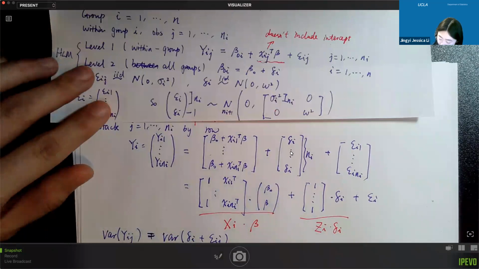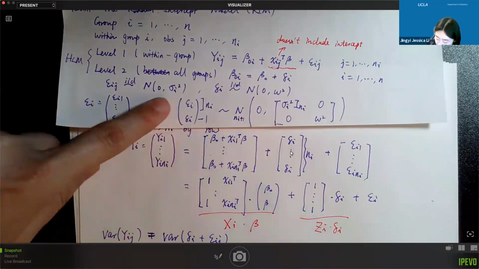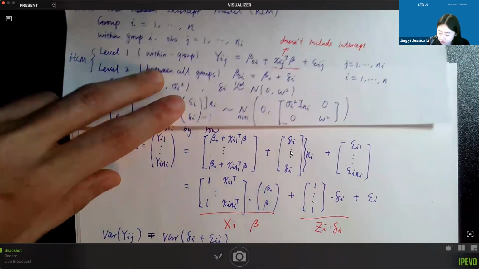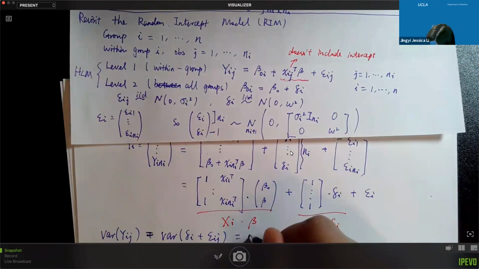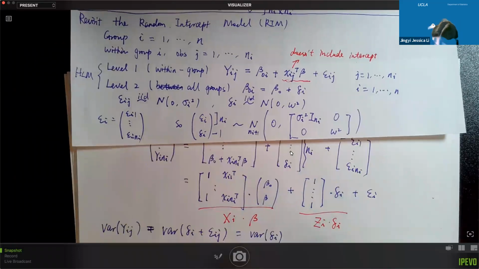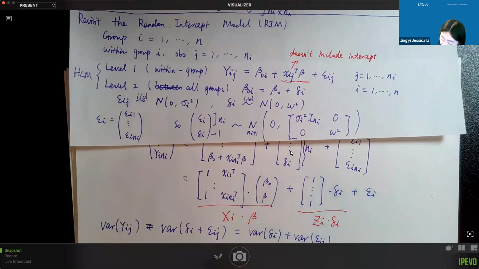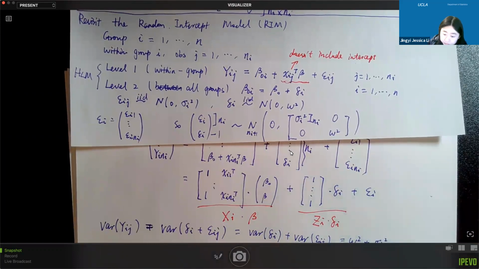And based on their independence, delta i is independent of all the epsilon ij's, I can separate them: for independent random variables, it is equal to the variance of delta i plus the variance of epsilon ij. And I know each one. So it's omega squared plus sigma squared.